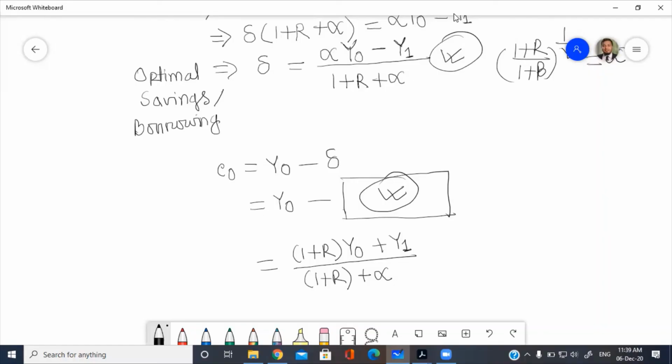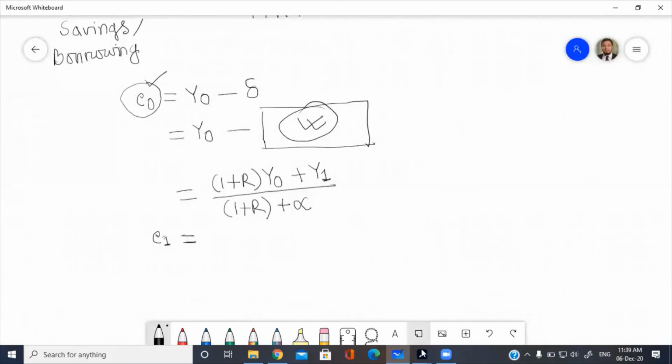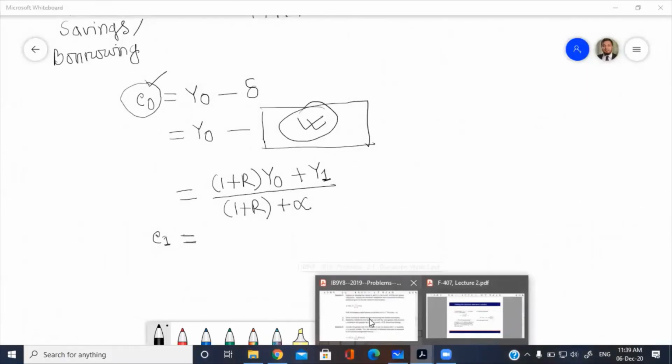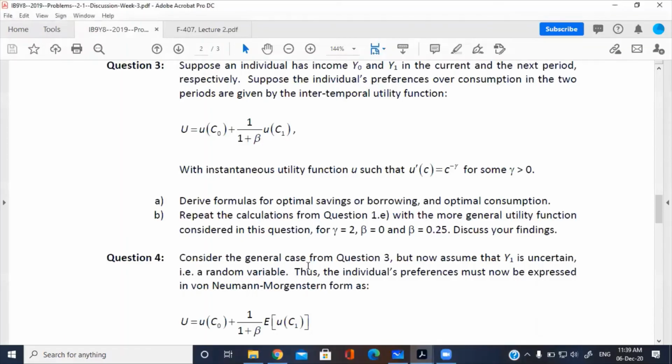So what you are doing, you are just expressing the optimal current consumption. So I think it is obviously possible for you to write it for optimal future consumption. Okay, so that is the way you can express this optimal consumption in terms of the income and the risk-free rate, these terms. Okay, so I'm just showing you how you can come up with the alpha.